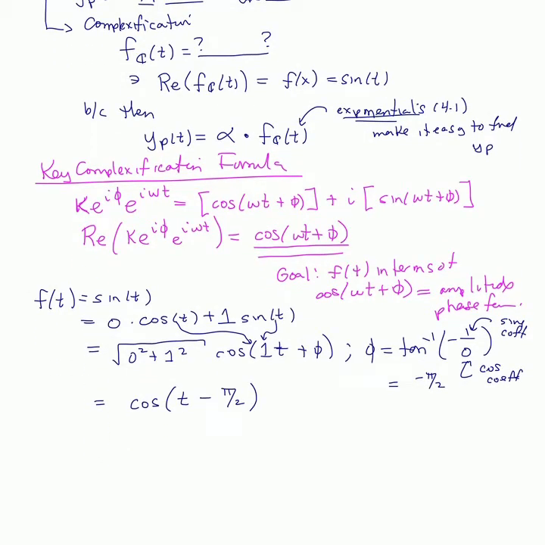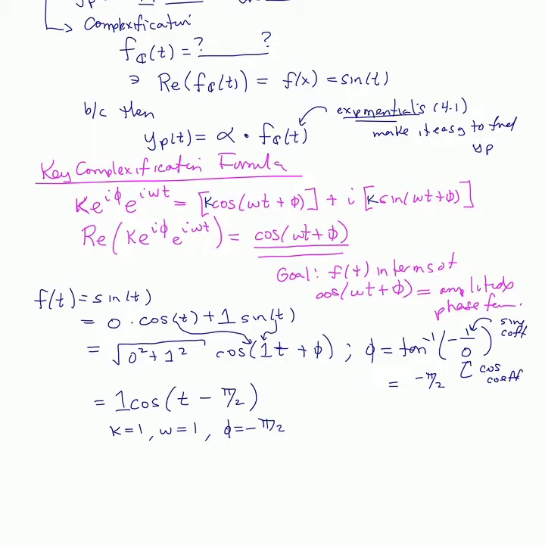Where does this get us? Sorry, there was a k in front of this. So what we know here is that k is equal to 1, omega is equal to 1, and phi is equal to negative pi over 2.